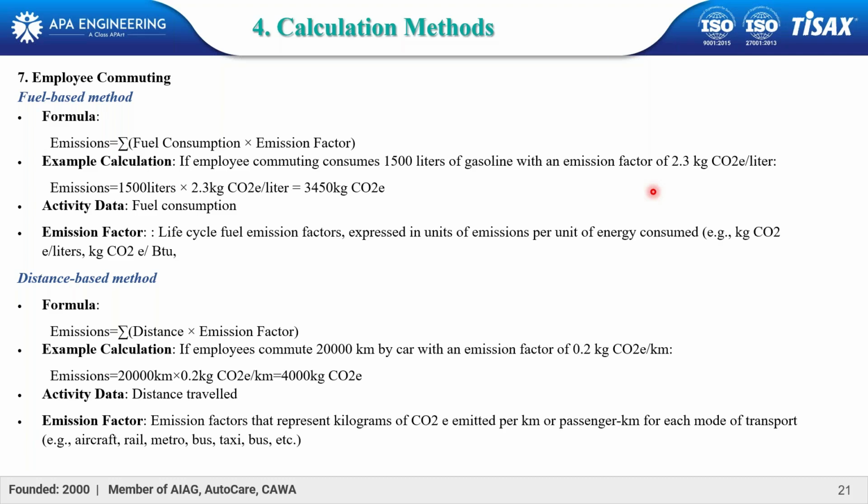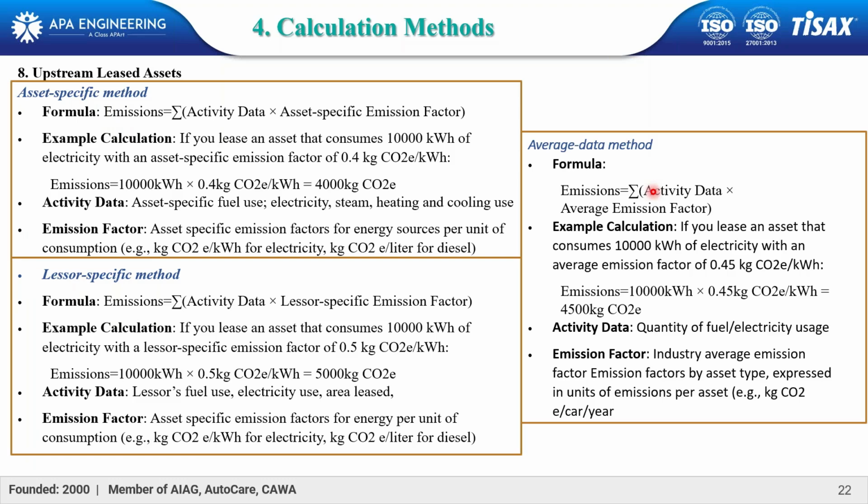So we'll move on to the next and final one in the upstream category: upstream leased assets and their emissions. These are also categorized into three specific methods: asset-specific, lessor-specific, and the average data method.